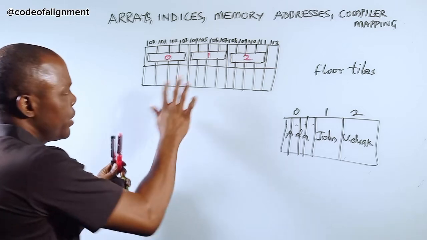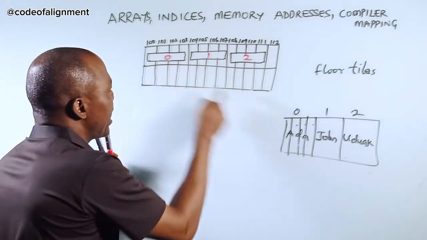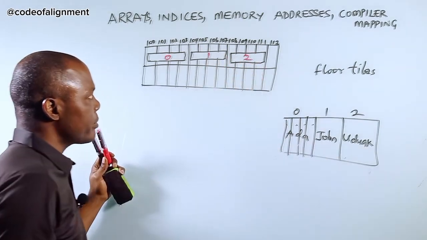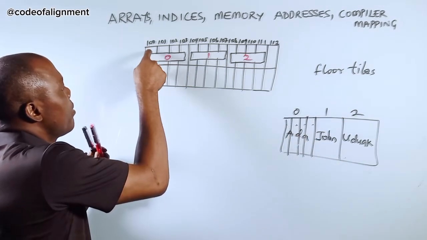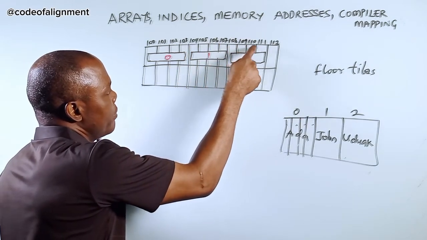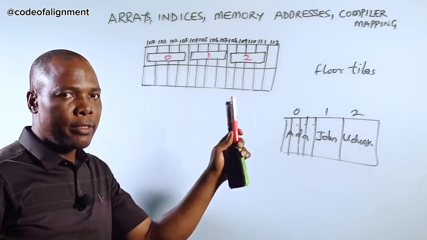So we have 3 chairs in the class, and then Ada is here, John is here, and then Udwak is here. But the floor tiles, 1, 2, 3, 4, 1, 2, 3, 4, 1, 2, 3, 4. So each of the chairs is occupying 4 floor tiles.